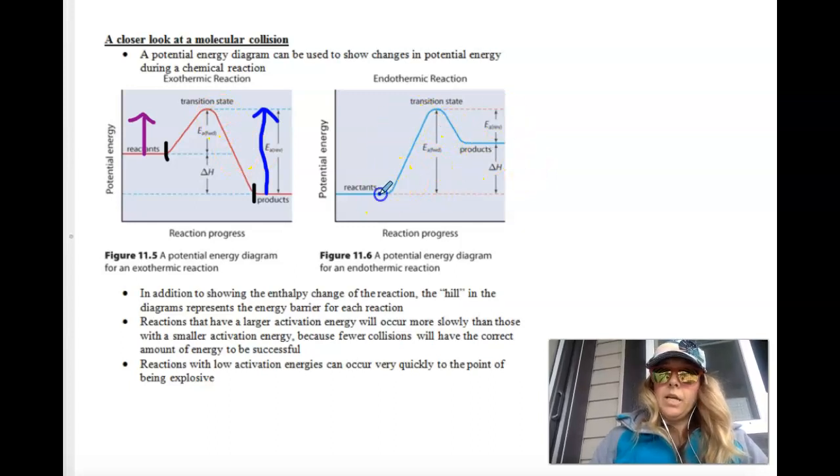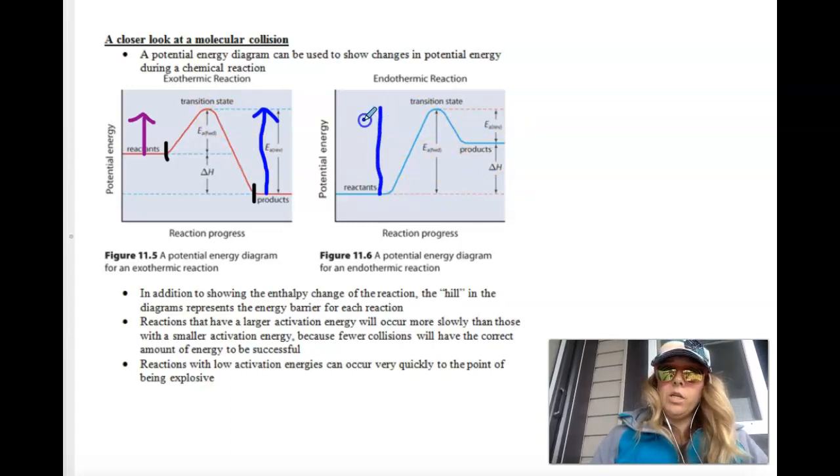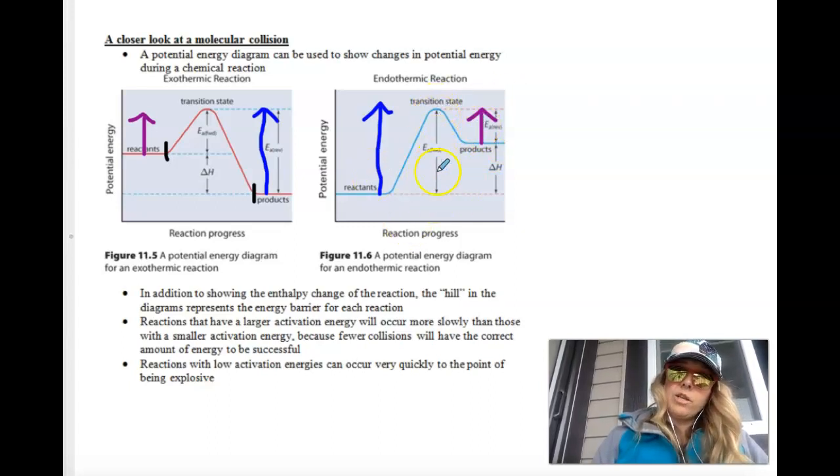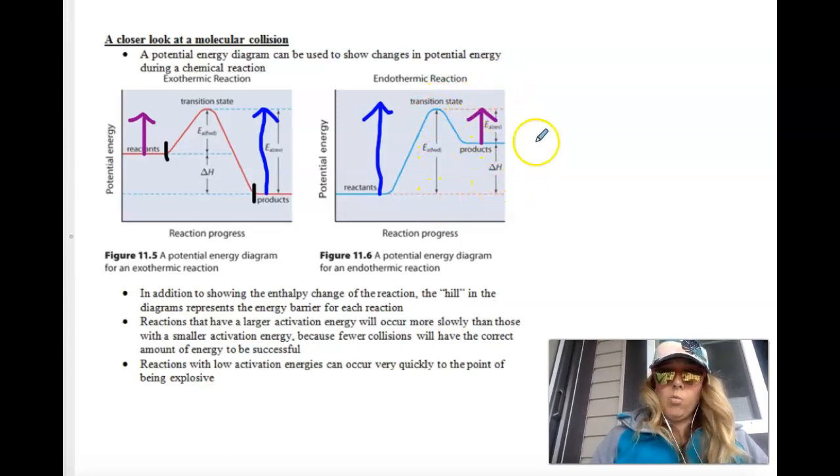In this case, the activation energy of my forward is going to be much larger than the activation energy of my reverse, because this is much higher than this is. But here, I could figure out the activation energy of the reverse, because if I knew the activation energy of the forward and I subtracted delta H, I could figure out what that value is going to be.